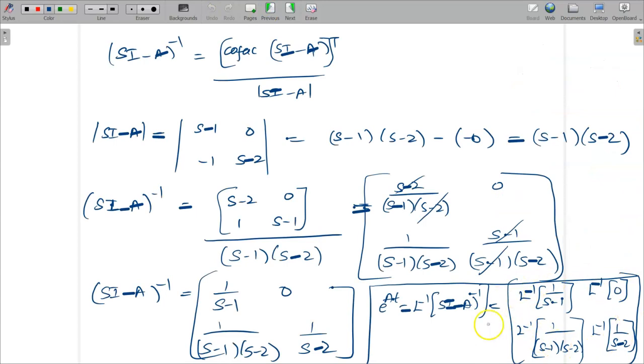I need to find the L inverse of this whole term.